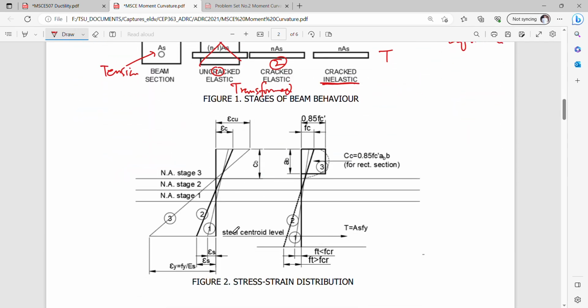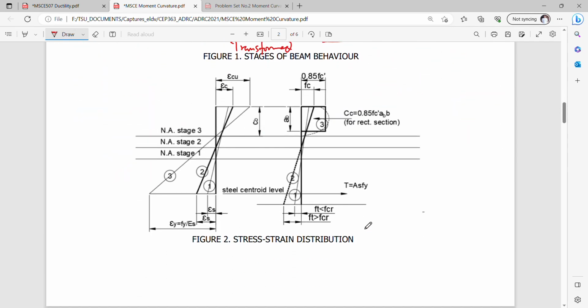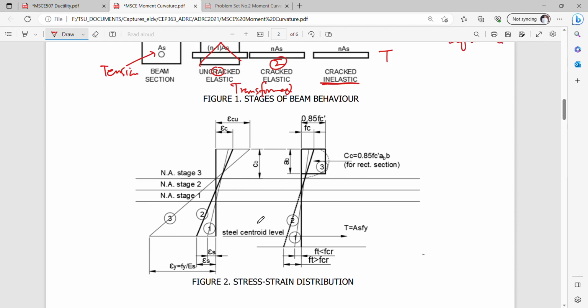Okay, so we can take a look at this stress strain distribution on the first and second and third stages. If you look at the first stage here, you take note that your epsilon CU is very far from the ultimate crushing strain, which is defined in the ACI as 0.003.